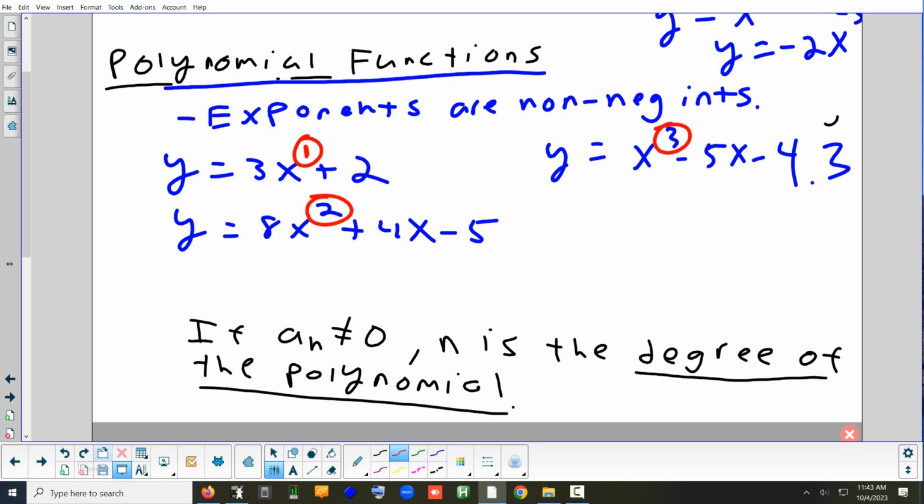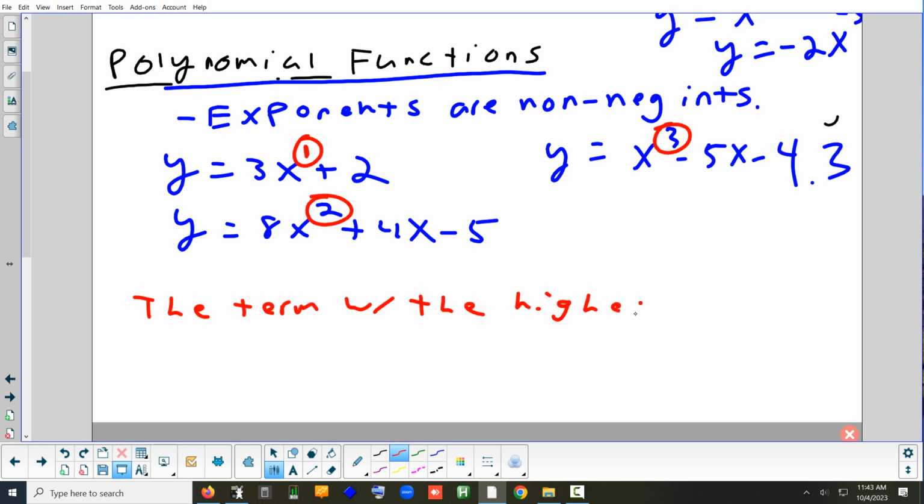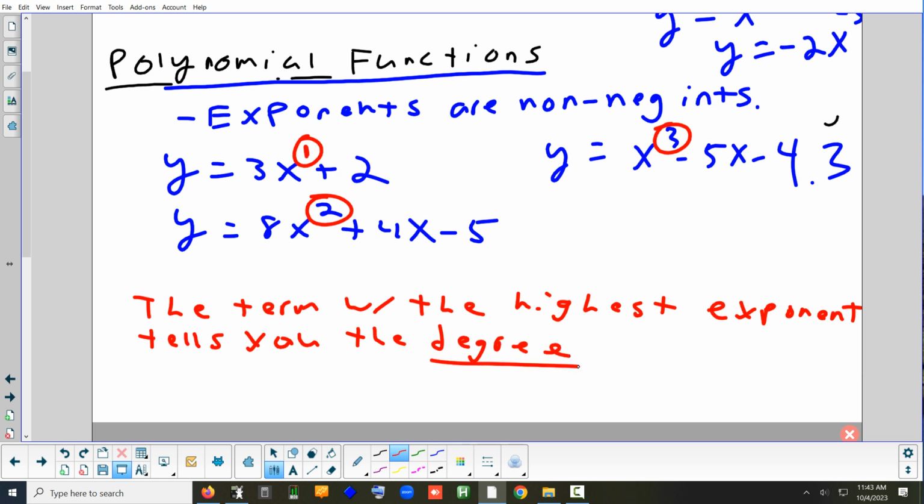So let me write that down. The term with the highest exponent tells you the degree of the polynomial.